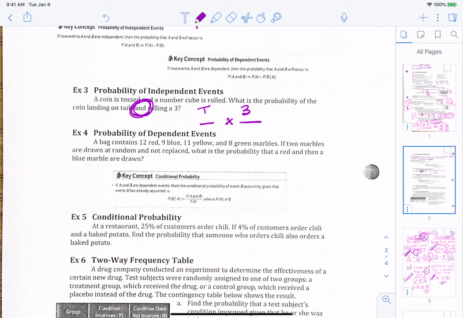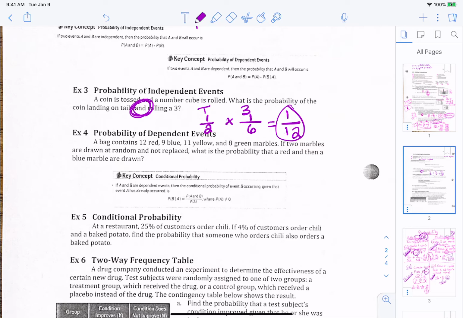What are the chances of flipping tails? 1 out of 2, 1/2. What are the chances of rolling a 3? 1 out of 6, right? I just multiply those together, so the tops get multiplied together. 1 times 1 is 1. 2 times 6 is 12. Beautiful, that's it. Good? 1 in 12 chance of that exact thing occurring.